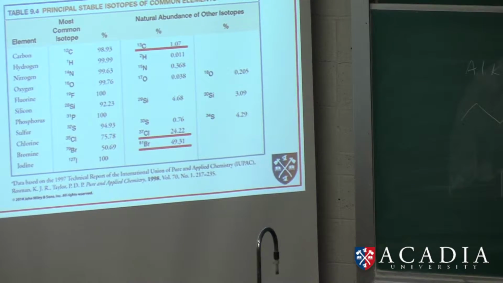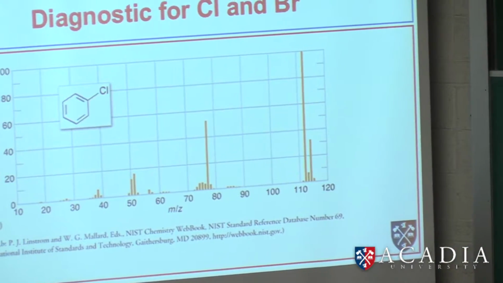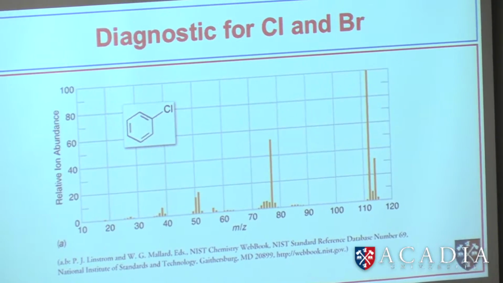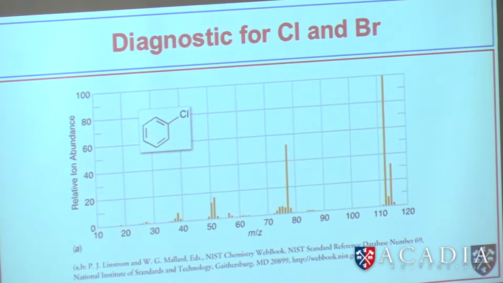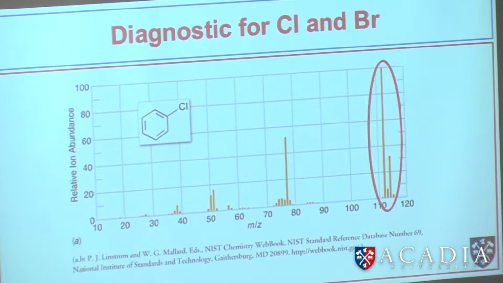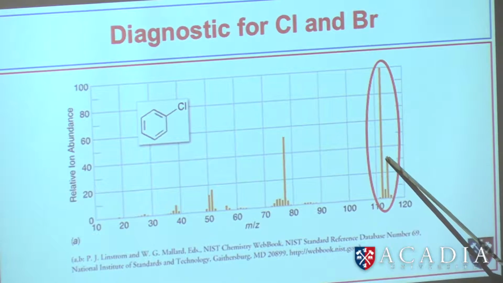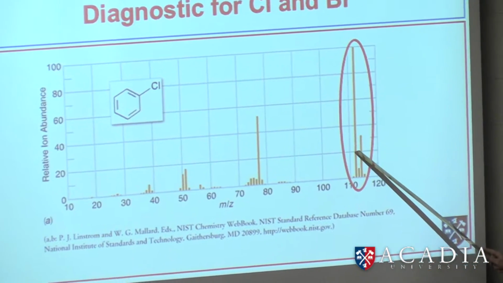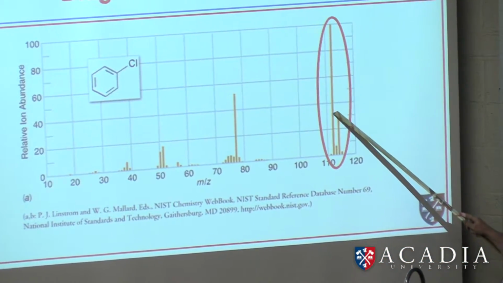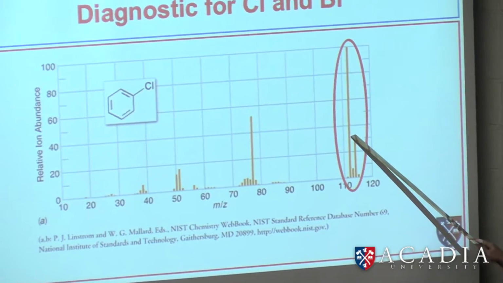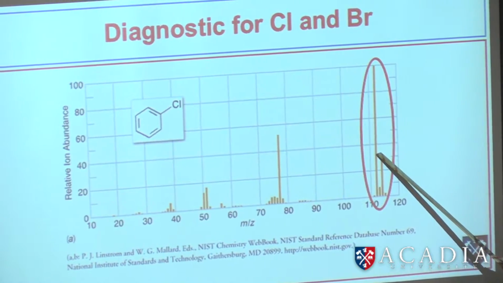So let's take a look at this. Here is chlorobenzene put through a mass spectrometer, and what we see out here, here's our molecular ion. We have a very significant peak, about 25% as high as our base peak. That is due to having that chlorine 37 in it.